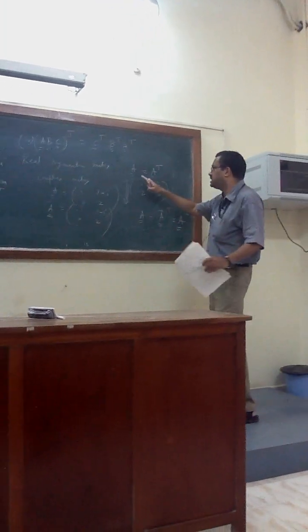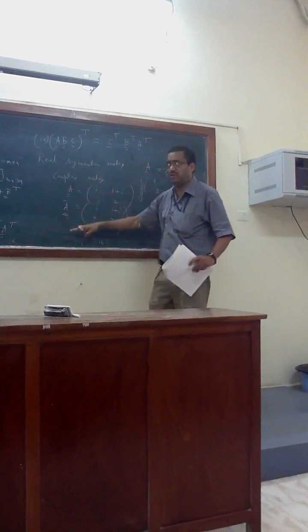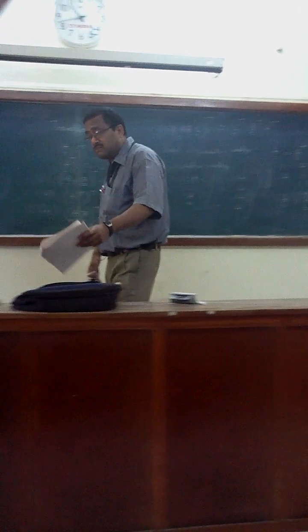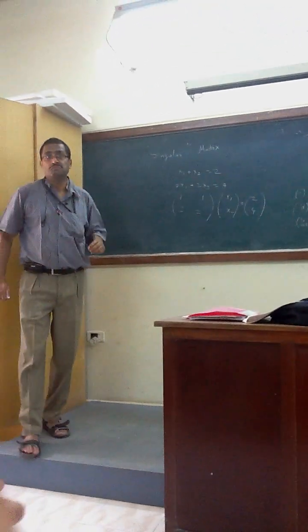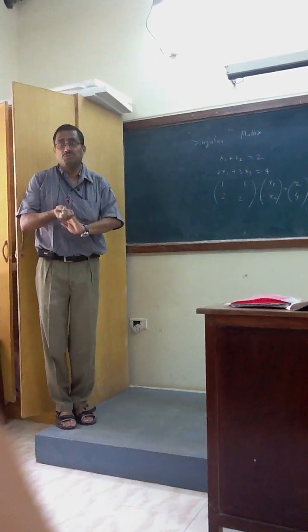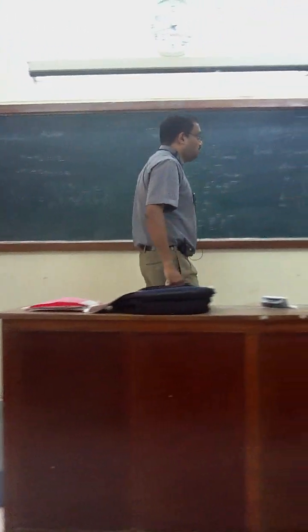So here the difference is, for the real matrix A equals A transpose, and for the complex matrix you have a property called complex conjugate. Why take the complex conjugate? You didn't ask me this question. I was thinking that you would be asking me.